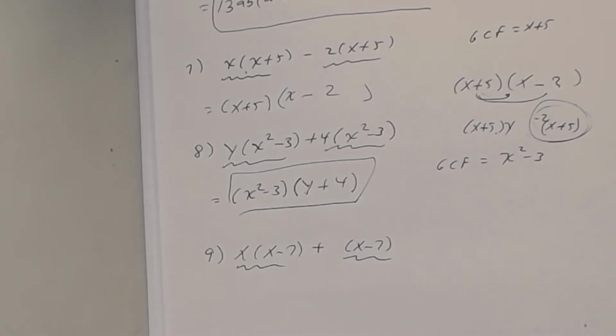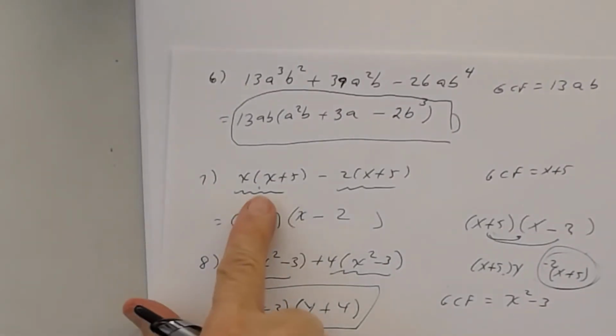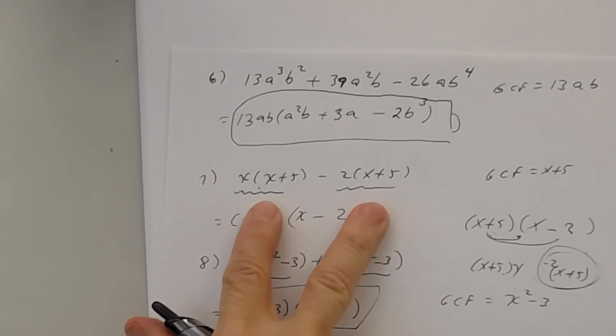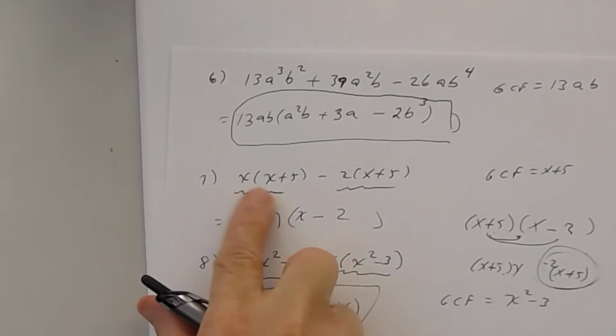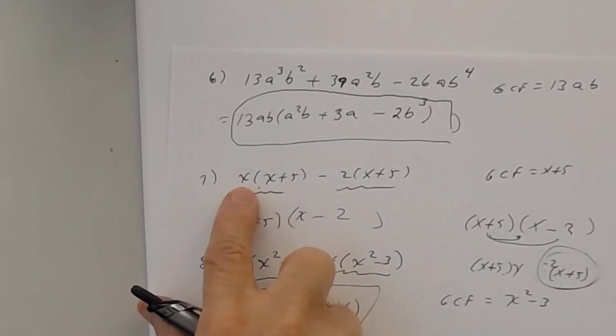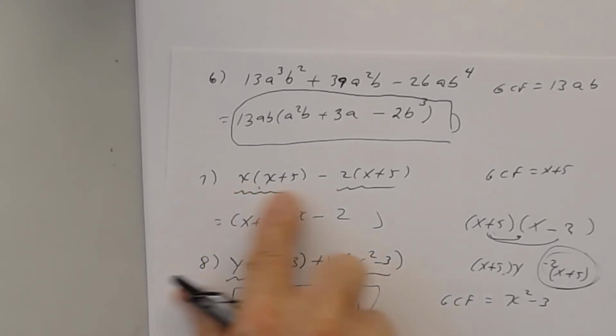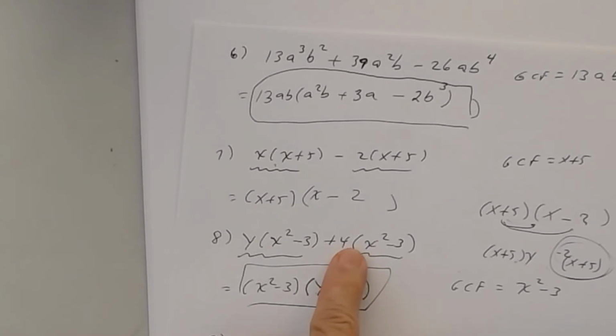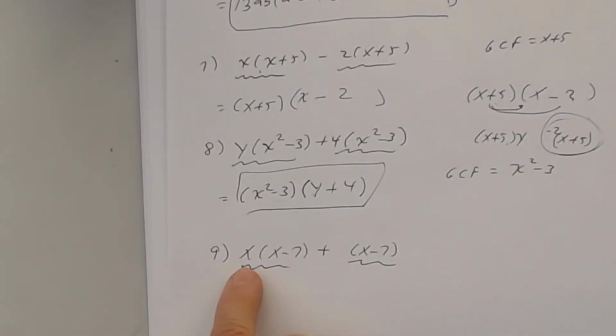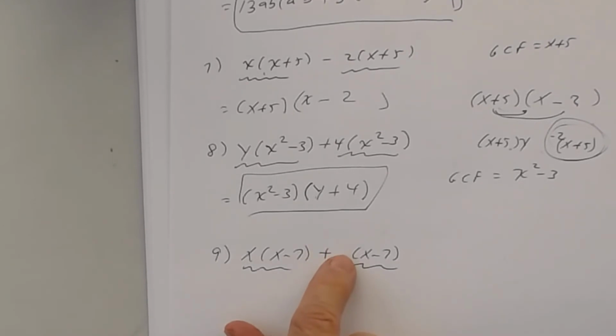All right, now before we go on, notice that for these that I had underlined, there's always something in front of that parentheses. X, negative 2, y, positive 4, x. But then I don't see anything here. What do you think that is right here?